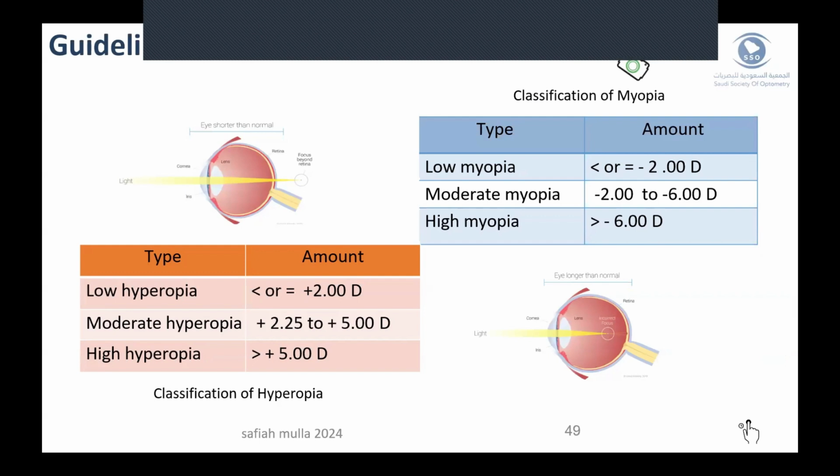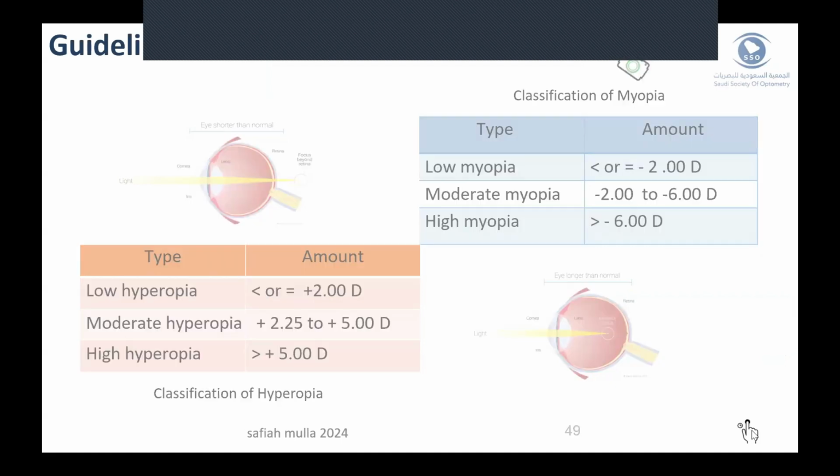And this is the level of refractive error that you can consider high. So high hyperopia more than +5, high myopia more than -6. So if the child has high hyperopia or high myopia, it's unlikely to emmetropize. So that's again the question that you should ask yourself.